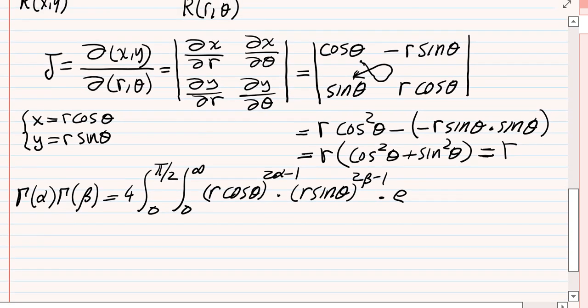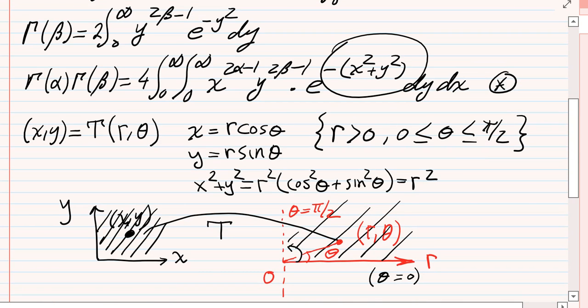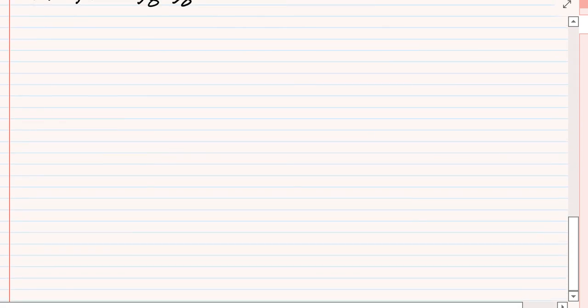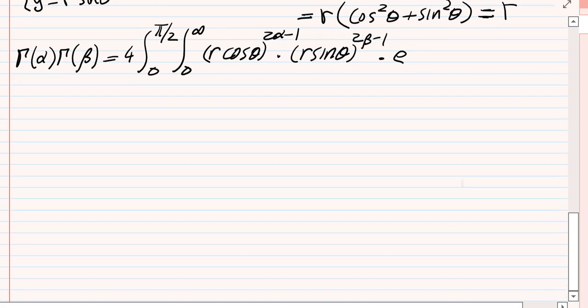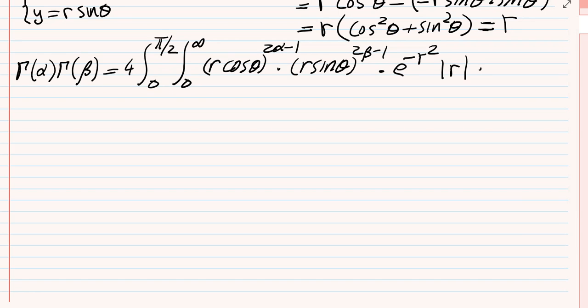Let me go back here and show you. It's much easier right in here. So instead of x squared plus y squared, we're going to replace it by r squared. So it's going to be e to the negative r squared, and of course the absolute value of the Jacobian, and then dr d theta.